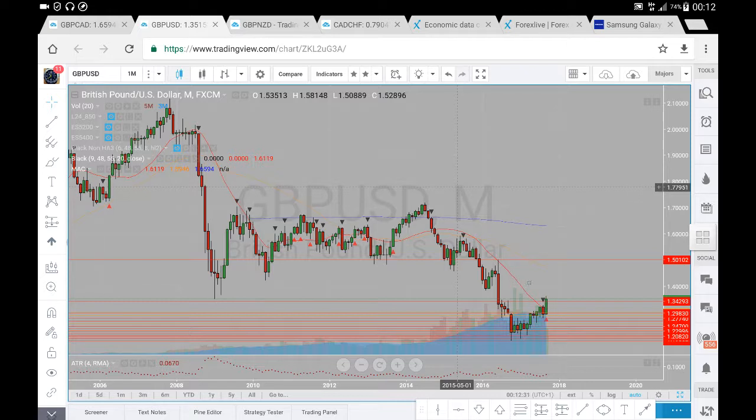as low as when we saw the pretty much flash crash, and the lowest low on a monthly time frame was, according to these charts and this broker, 119.048.